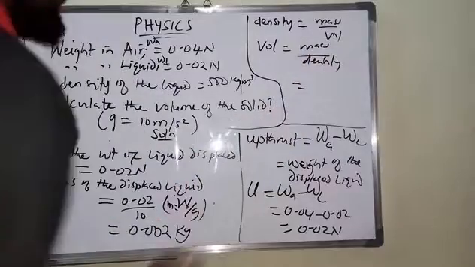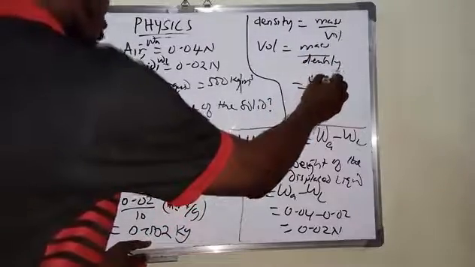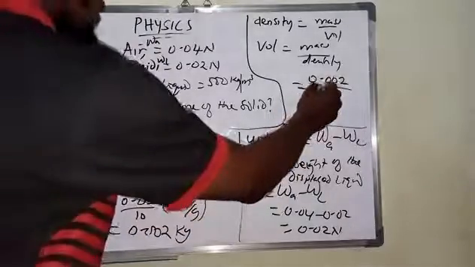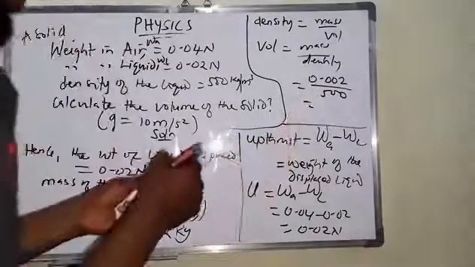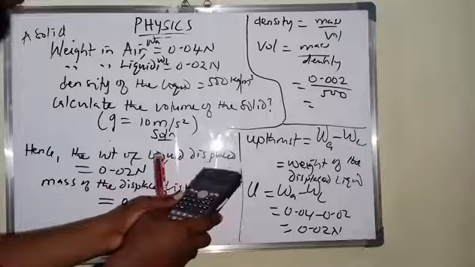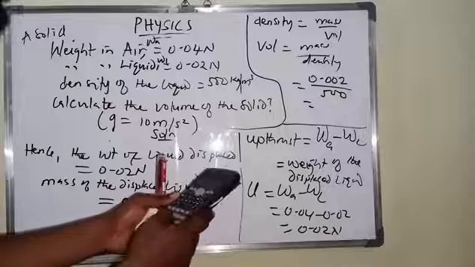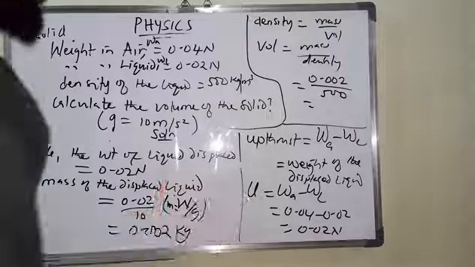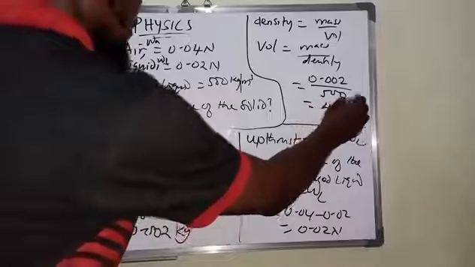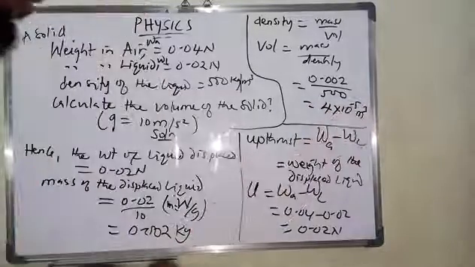So on substituting, mass has been gotten to be 0.002, and density is 500. So if you do that, 0.002 by 500, which gives us 4 times 10 raised to the power negative 6, in this case meter cube.